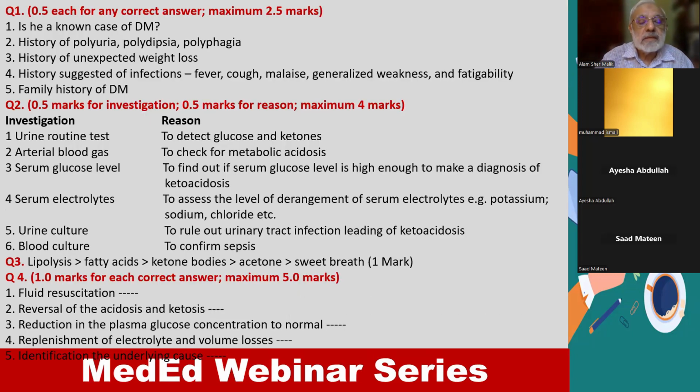So here is the model answer for the one we just went through. You see, the marks are also given. So this is a list of questions, but it's not that we would accept only these answers. We can accept many other answers as long as they make sense.